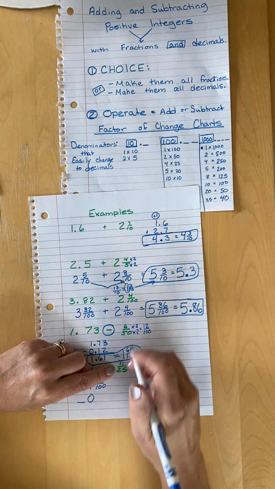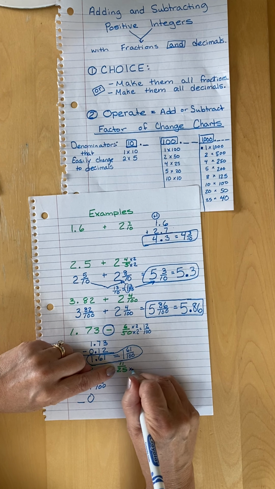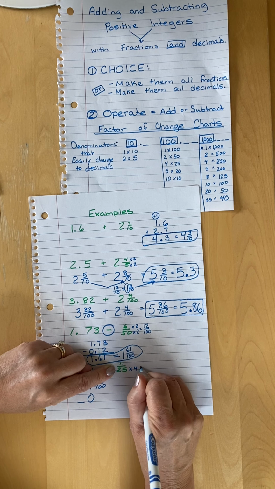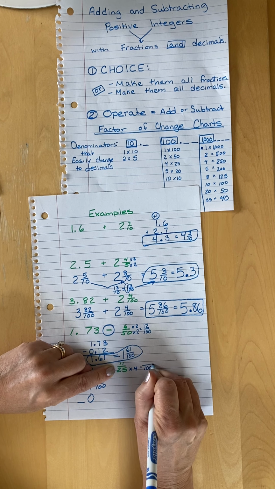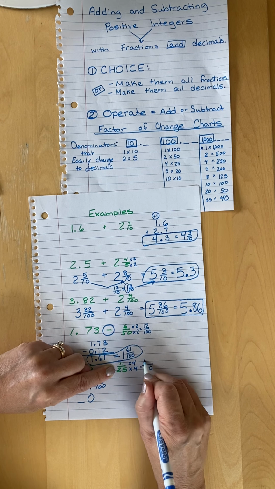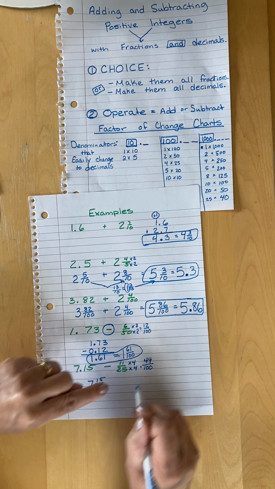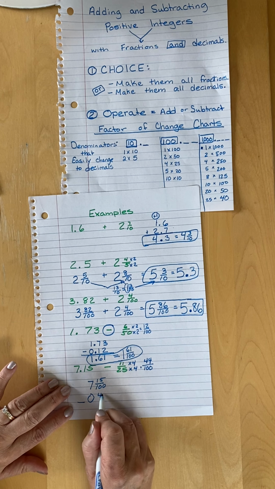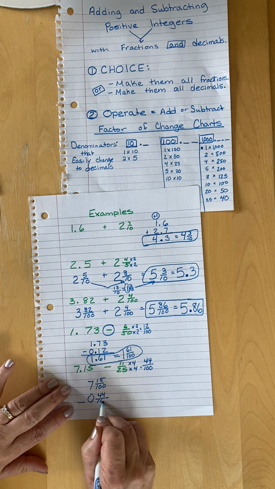So 25 times 4 is going to give me that 100. Whatever I do to my denominator, I must do to my numerator. So I have 44 hundredths. So now over here, I have 44 hundredths.